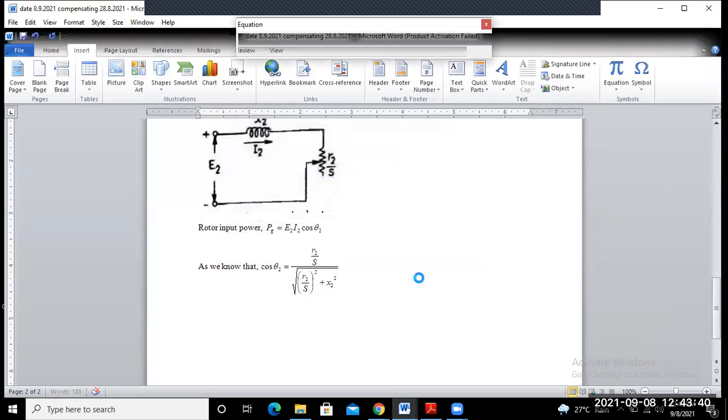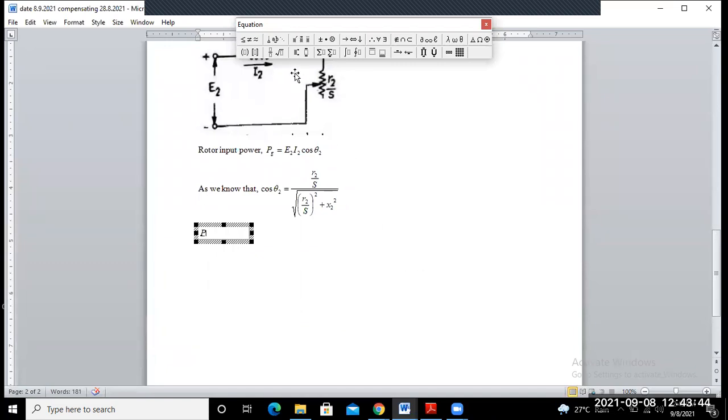The rotor input power Pg equals E2 I2 into cos theta 2. Cos theta 2 equals R2 by S divided by this one.